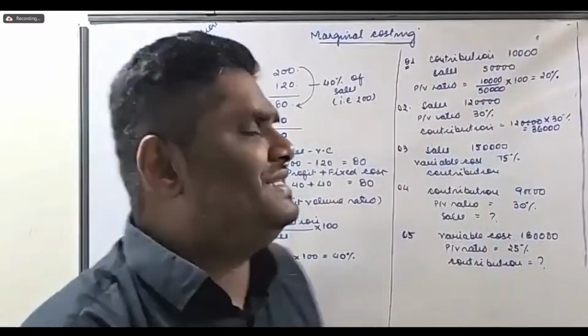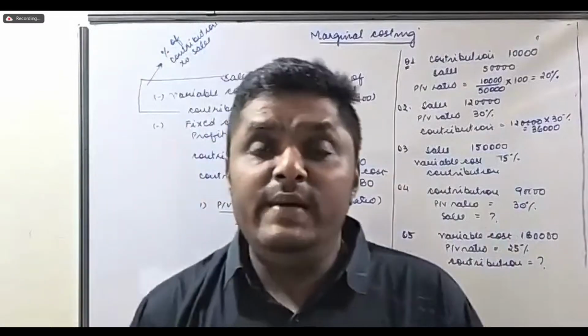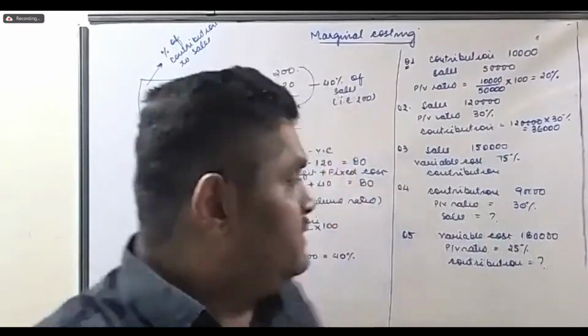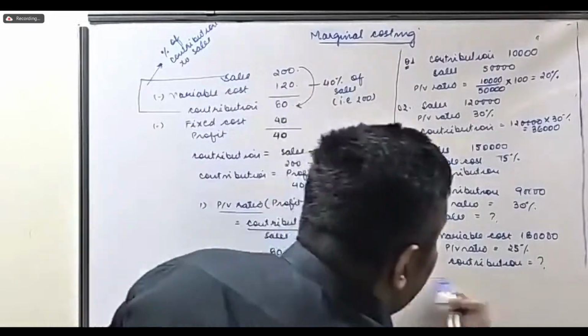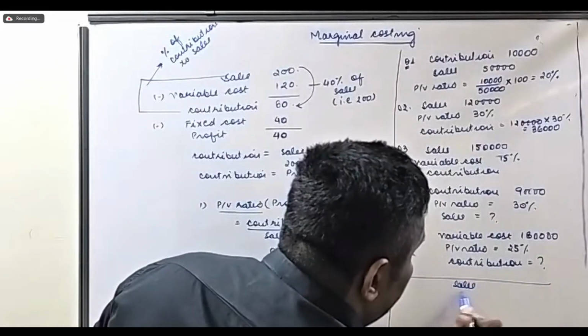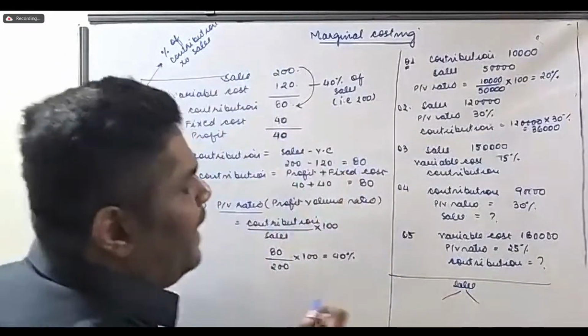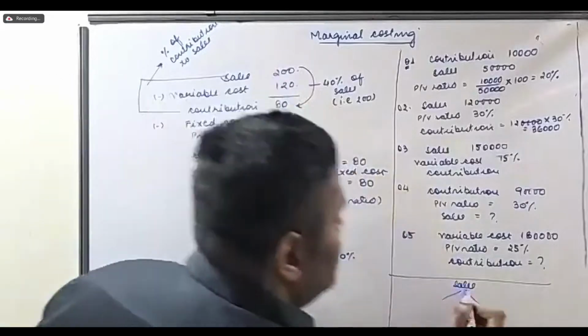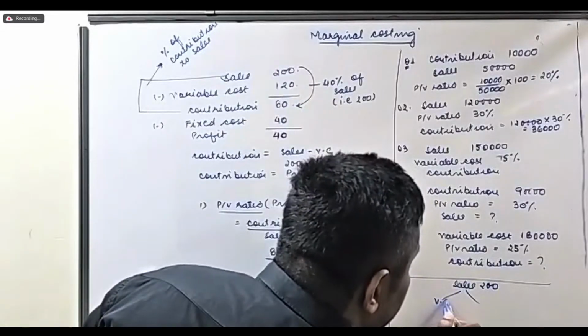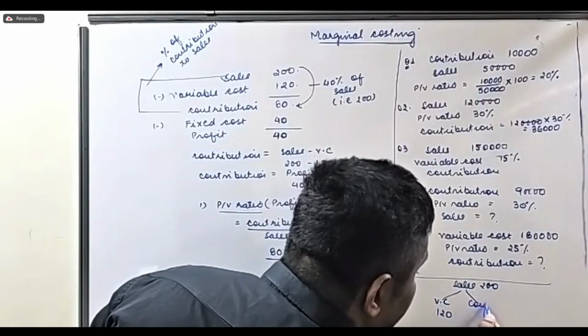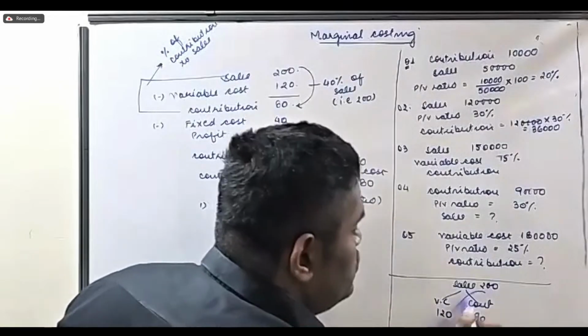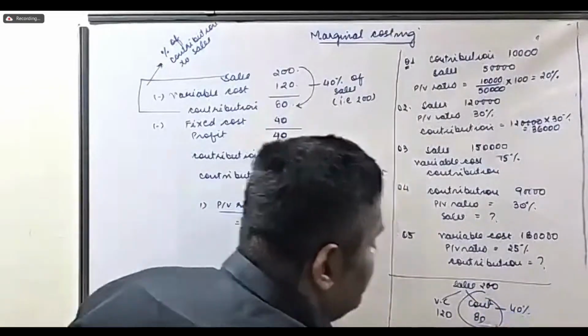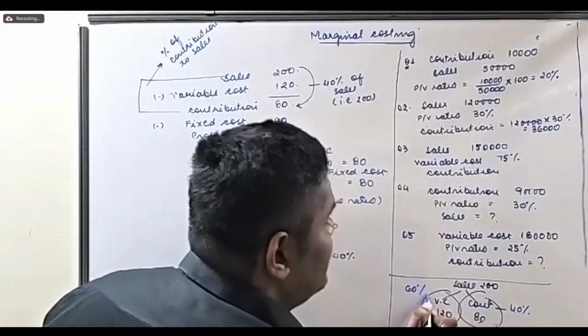Here my sales is 1,50,000 and variable cost is 75%. See guys, now when talking about sales, here it is divided in two parts. See here also, sales was 200, variable cost was 120 and contribution was 80. So if PV ratio is 40% of sales, it means variable cost will be what? 60%.